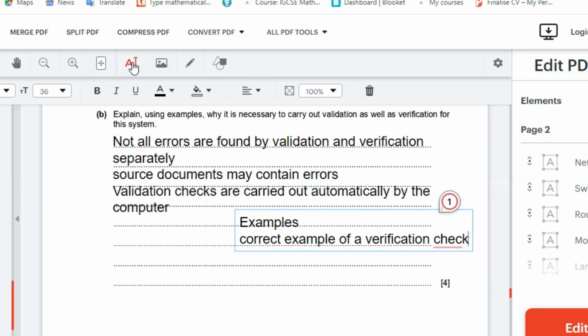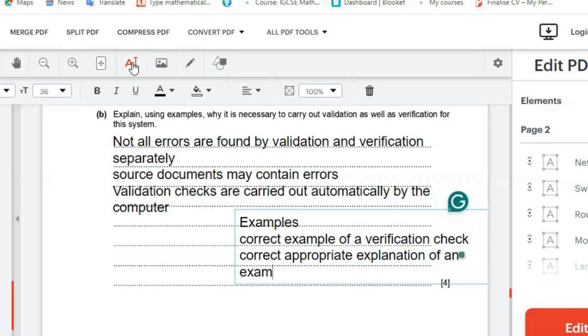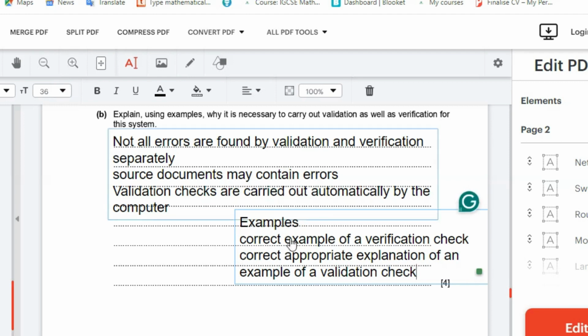So, a correct, appropriate explanation of an example of a validation check. All right, so these are examples.